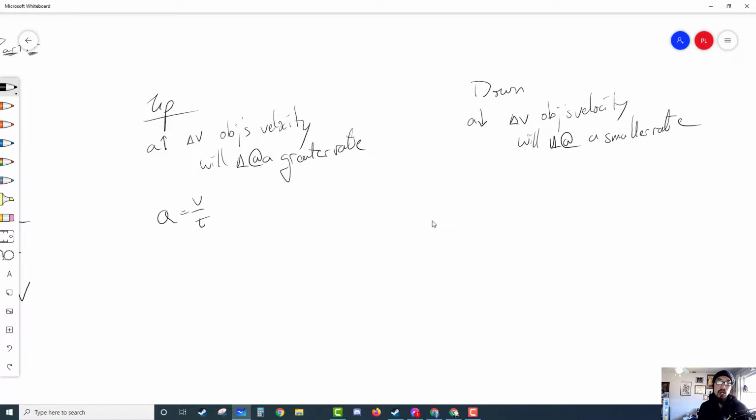It won't change quickly, okay? It'll gradually change. So this is a swift change, and this is a gradual change. And once again, we can use acceleration as velocity over time.